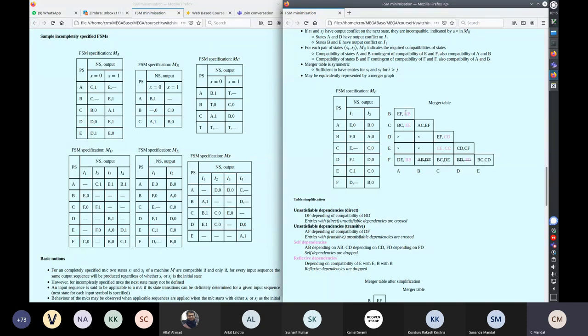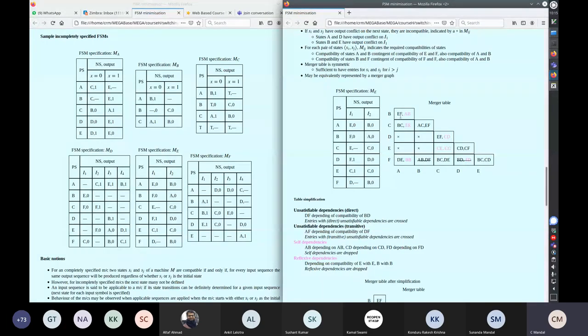But the compatibility requirement for E and F is a non-trivial requirement, and that has been indicated in this table. The trivial requirements are indicated in this color, purple or pink, and the non-trivial requirements are indicated in black.